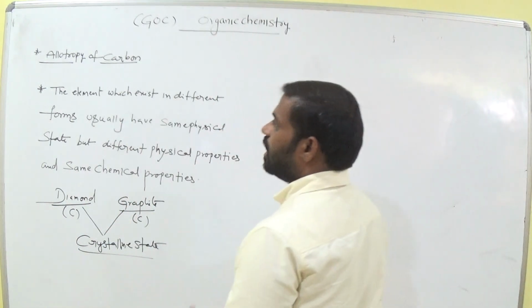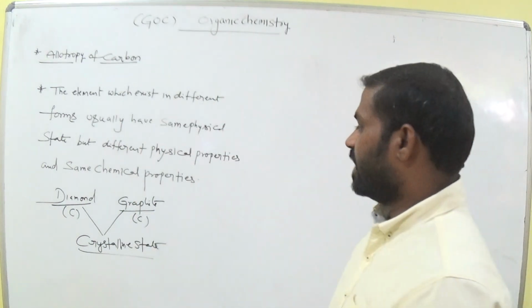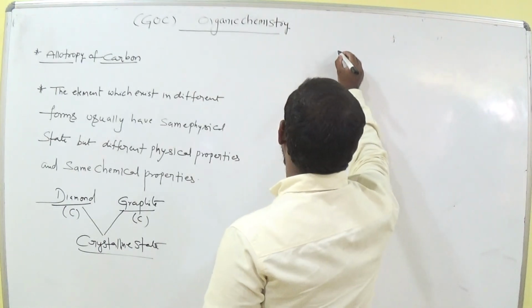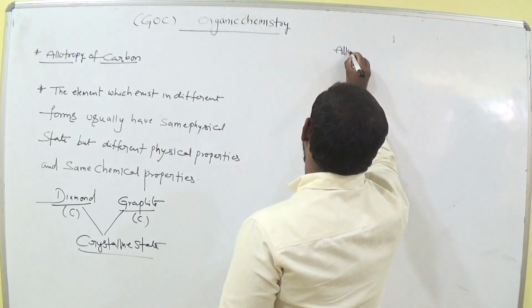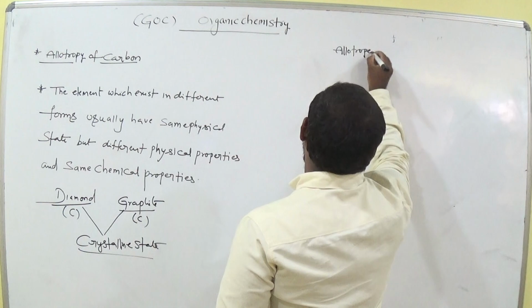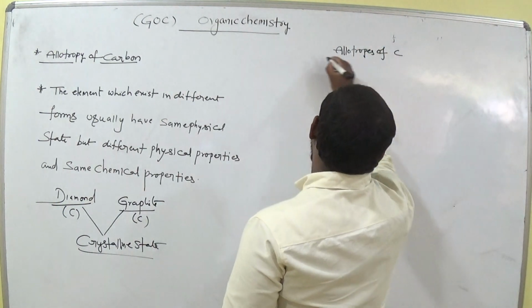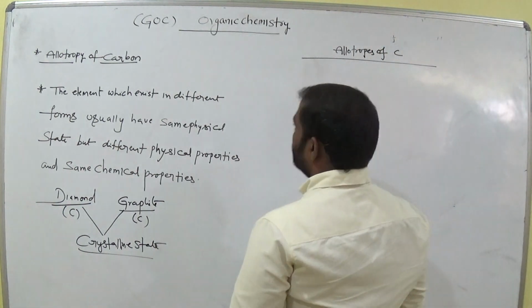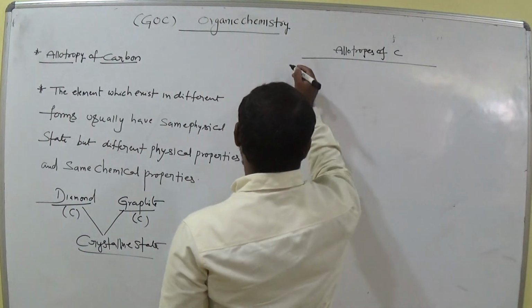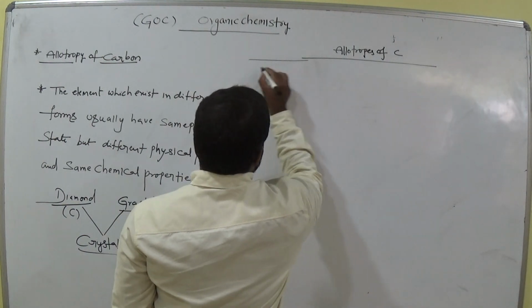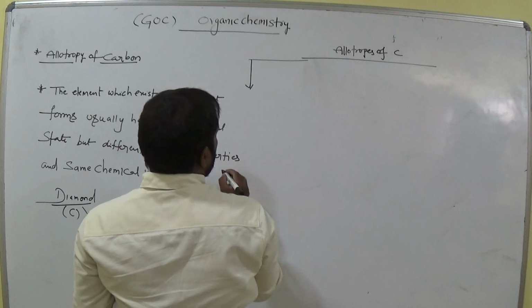Carbon shows allotropy. Okay, so let's see the different allotropes of carbon. Carbon shows the following allotropes.